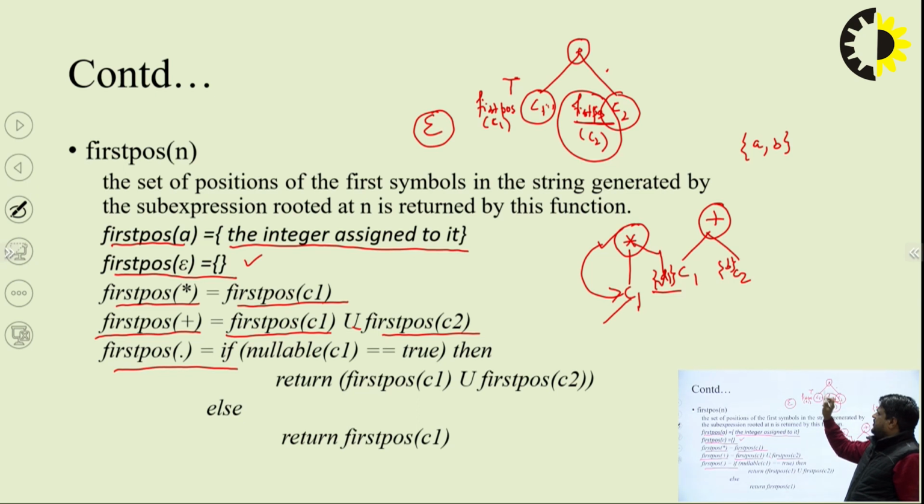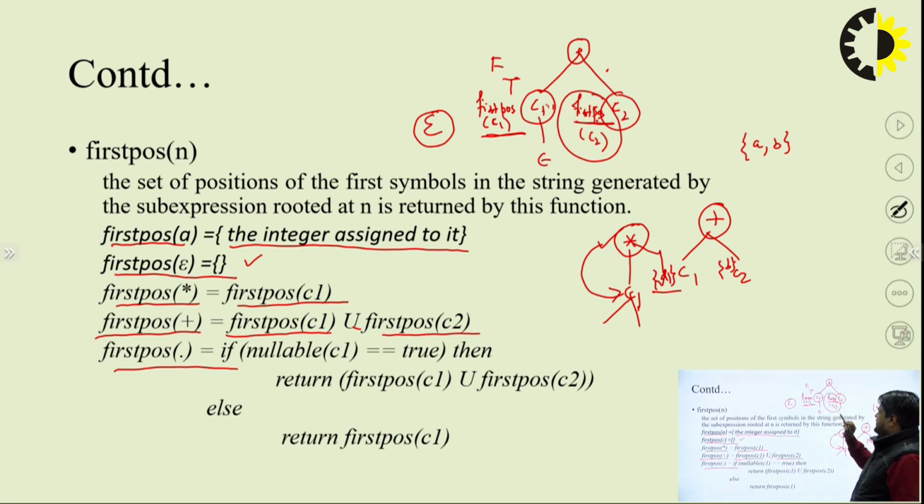Otherwise, if it is false, then the first position will be occupied by this one. So what scenario can you see from here? If it is epsilon, then it will also be at the first position.